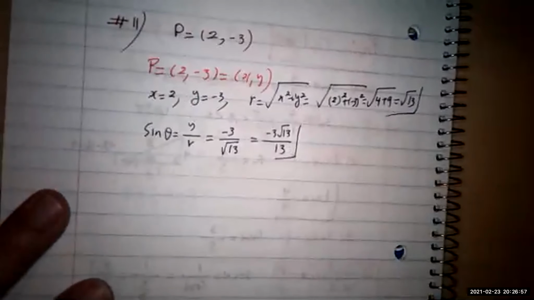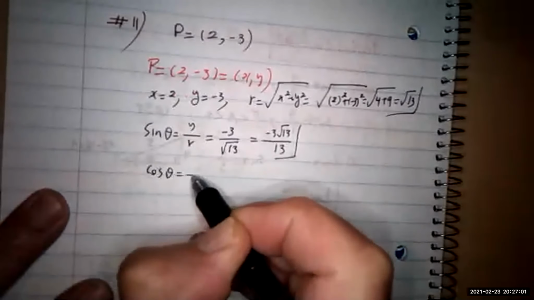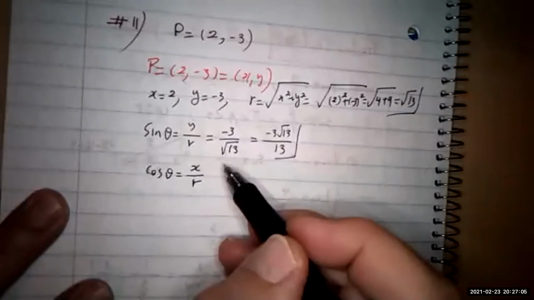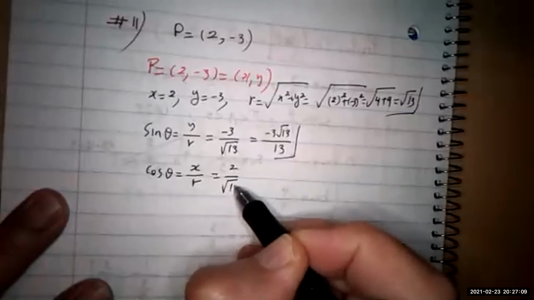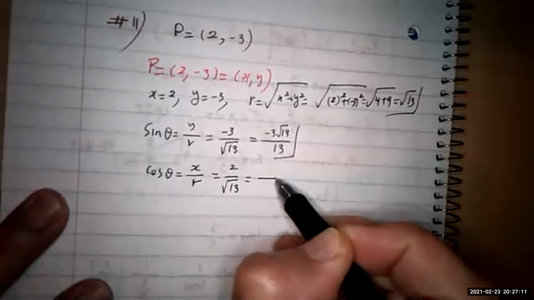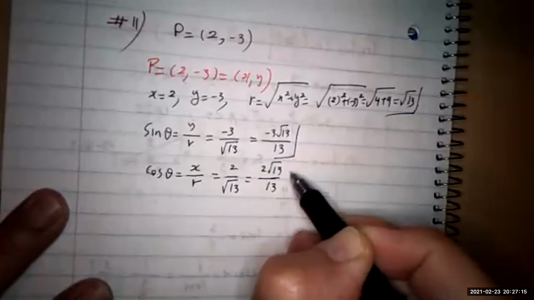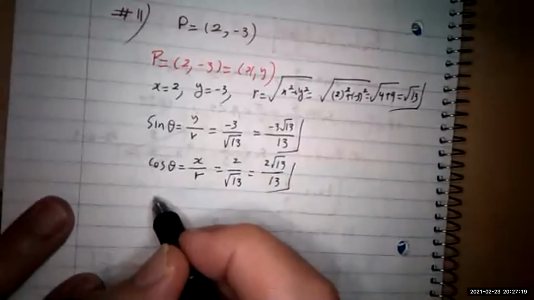Any question? Cosine. Cosine is on the x-axis, it's going to be X over R. The x is 2 and the r is radical 13. Rationalized, that gives you 2 radical 13 over 13. So that would be the cosine. You divide to get the tangent.